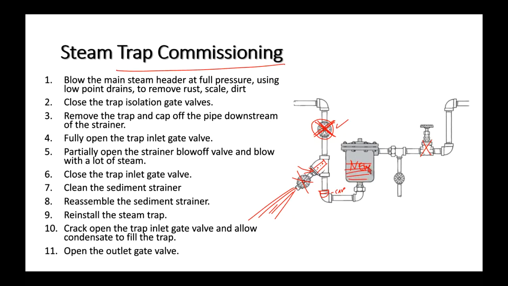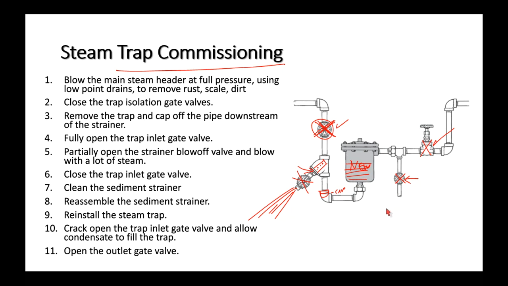And then once I know that there is condensate in the trap, I can open up the test valve and see if it's working properly. And then I can close the test valve and I can put it back online by opening up the discharge.